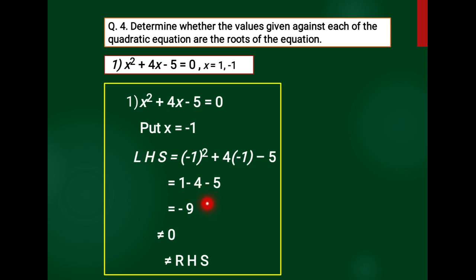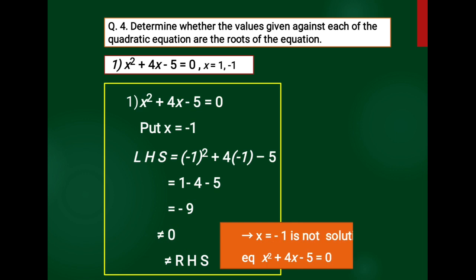So here we get 1 minus 4 minus 5, so 1 minus 9, which gives minus 8. Which is not equal to 0. That means LHS is not equal to RHS. From this we can say that x equals minus 1 is not a solution of x square plus 4x minus 5 equals 0.